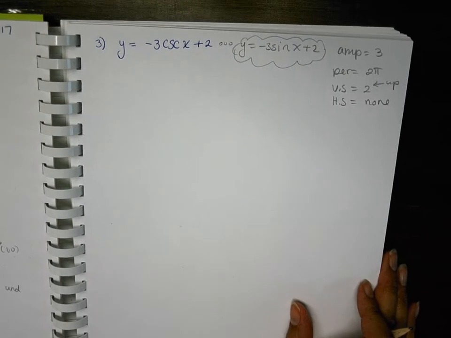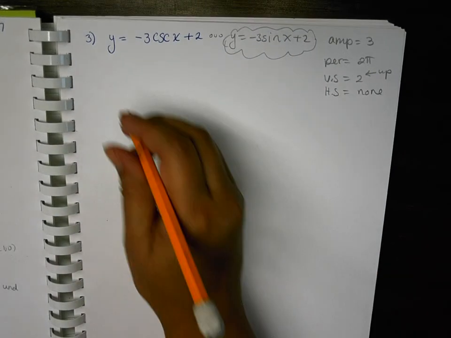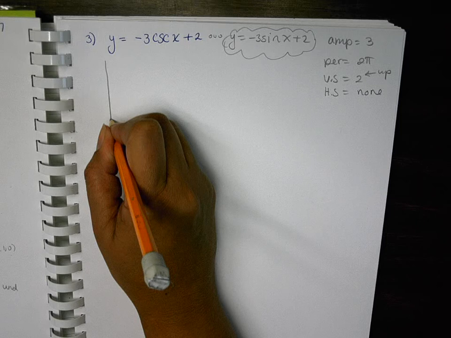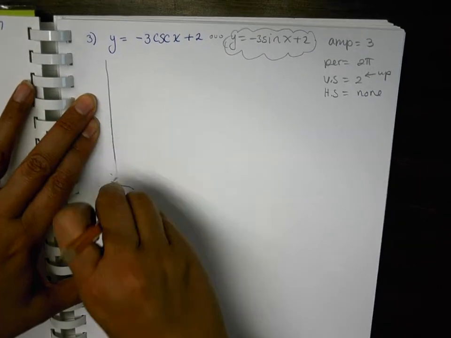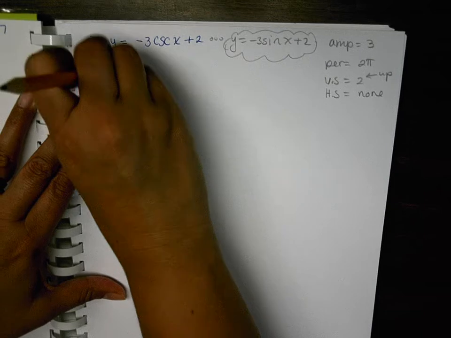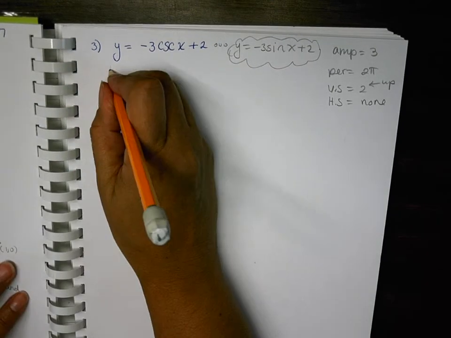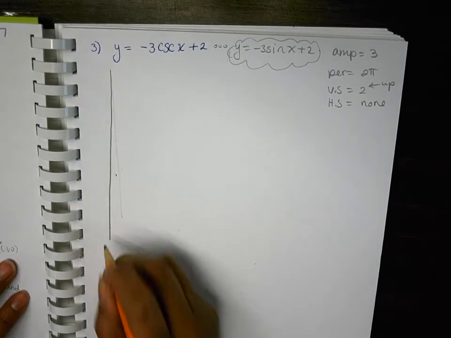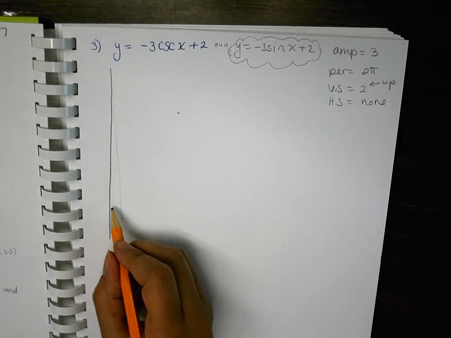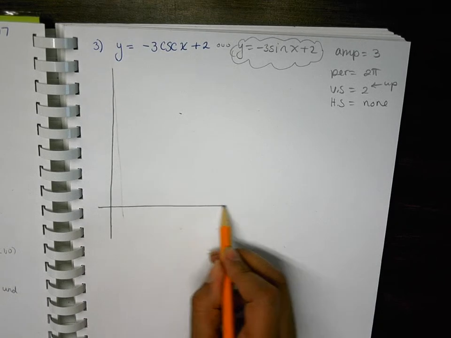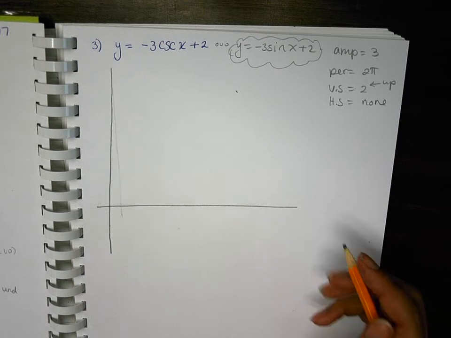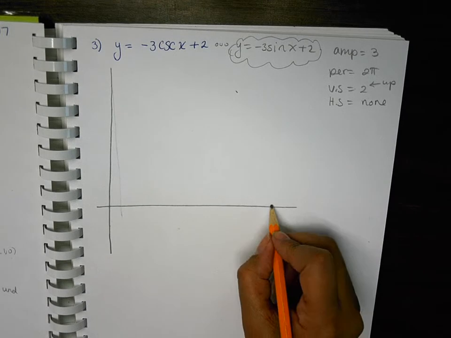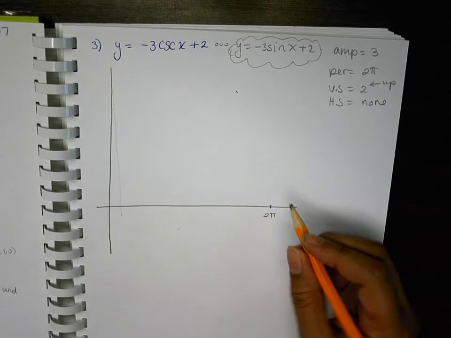All right. Okay, so I'm going to graph mine like this with a lot of space up at the top because of the shift. All right, 2 pi. What's 2 pi cut in half?